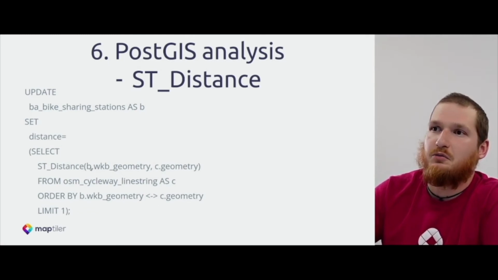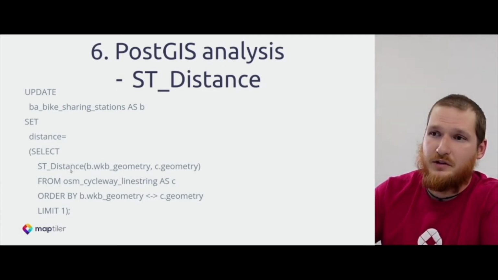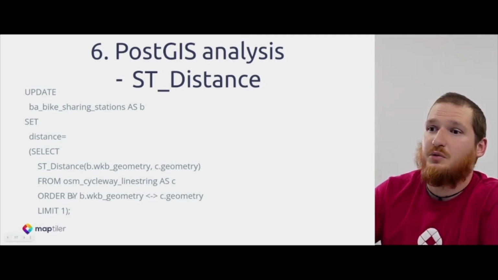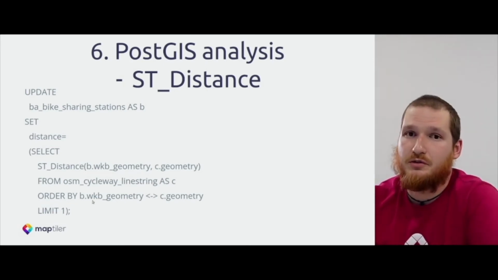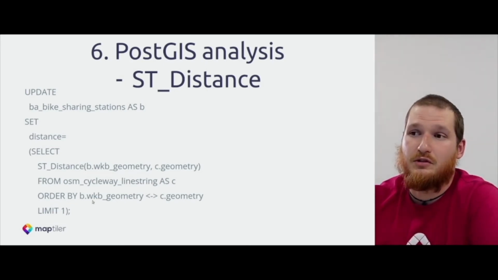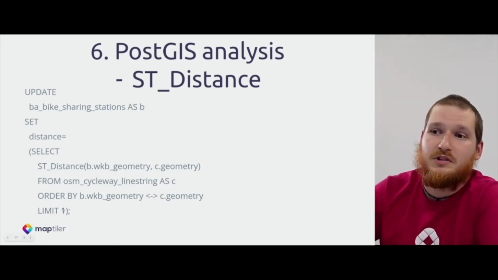This B is for bike sharing stations, and between C, which is cycleways, to the distance. It will compare the distance between all the lines and all the points. So we want to order it. This is operator for distance, and we want to order it from the nearest to the longest distance, and we want just take the first one.